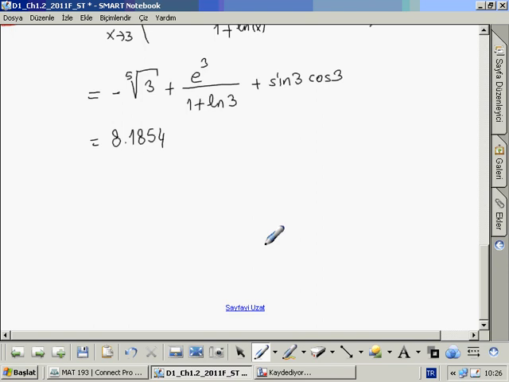And now let's talk about computing limits.